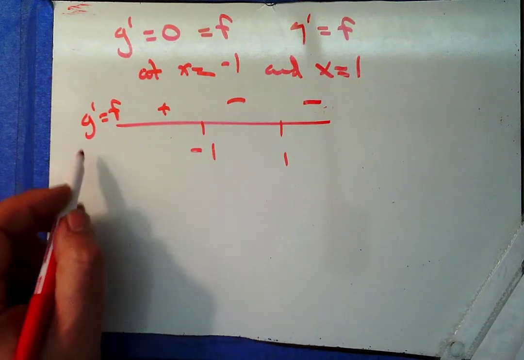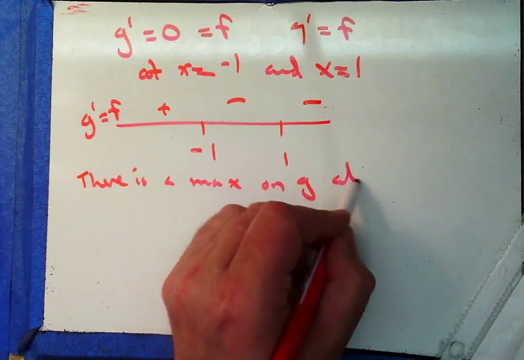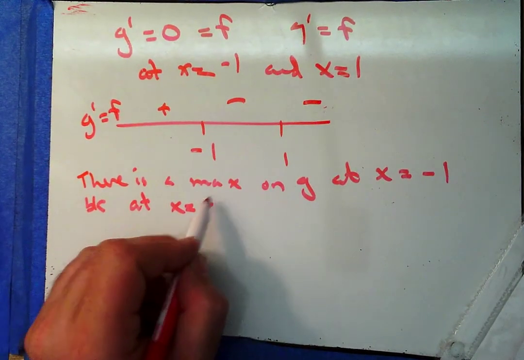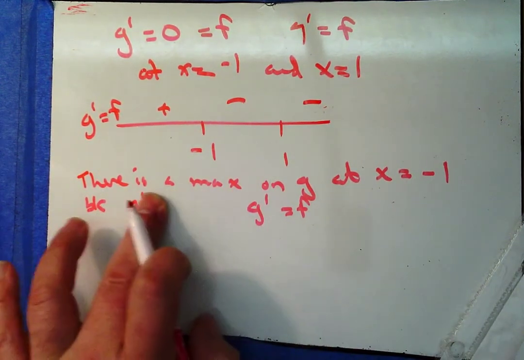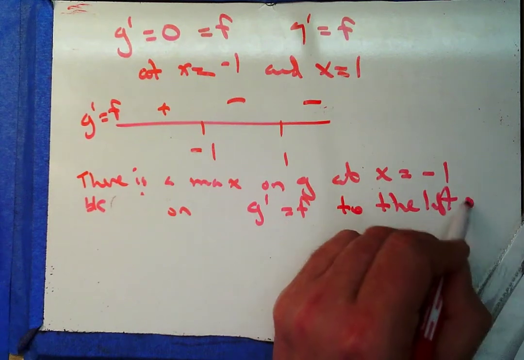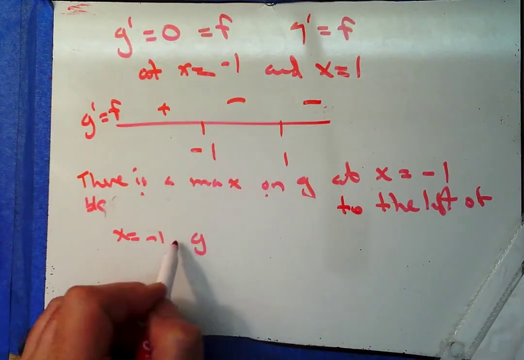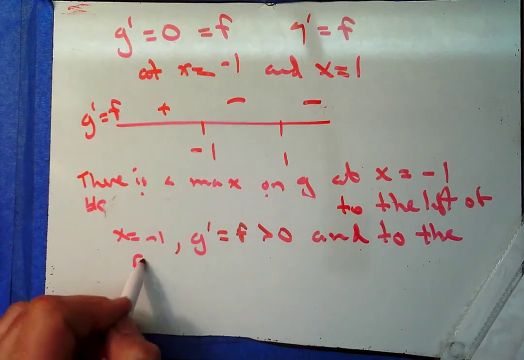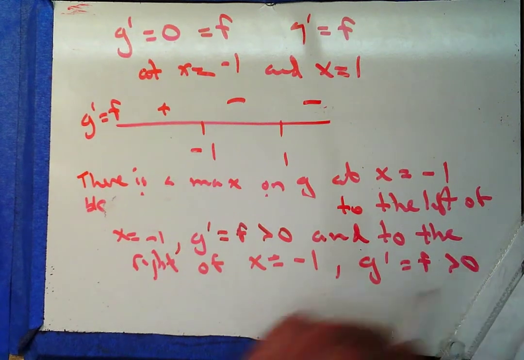Do we have to justify? Yes, justify the answers. There is a max on g at x equals -1 because to the left of x equals -1, g prime equals f is greater than 0, and to the right of x equals -1, g prime equals f is less than 0.